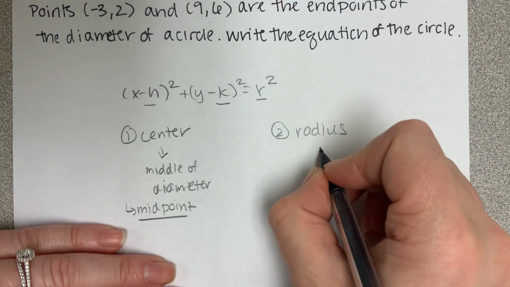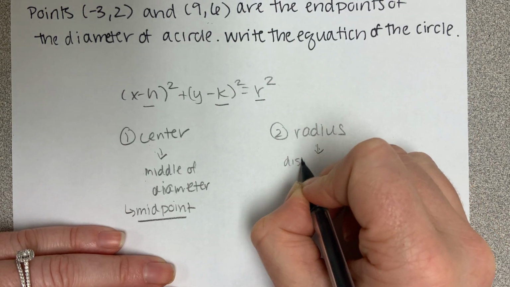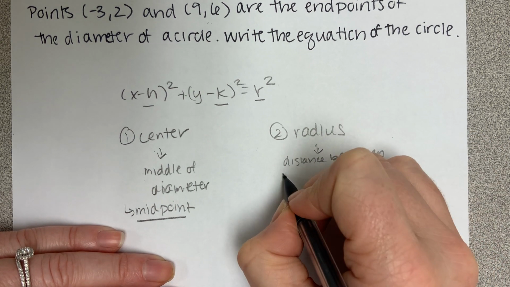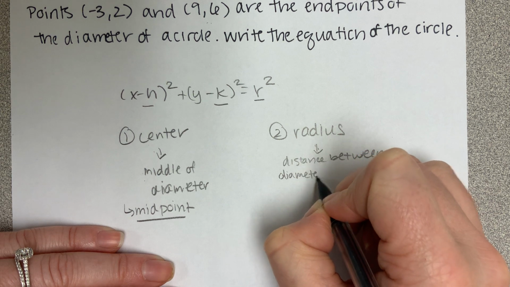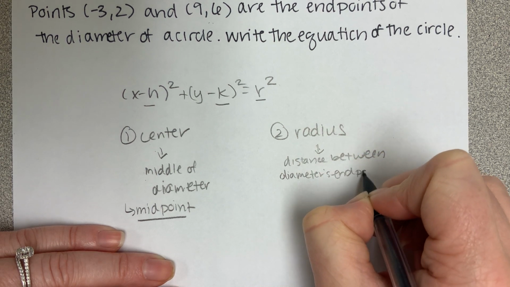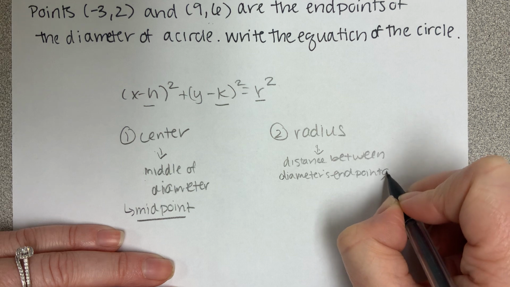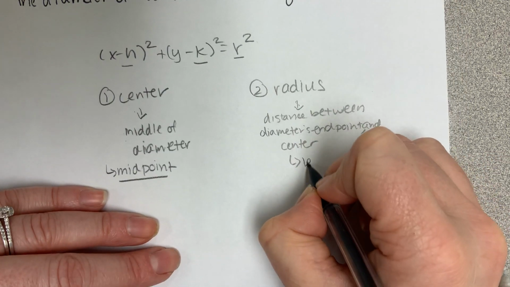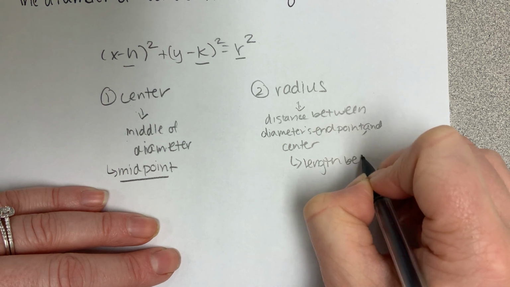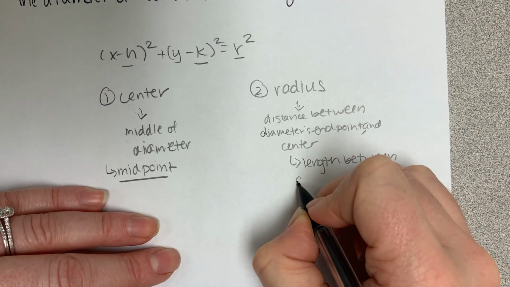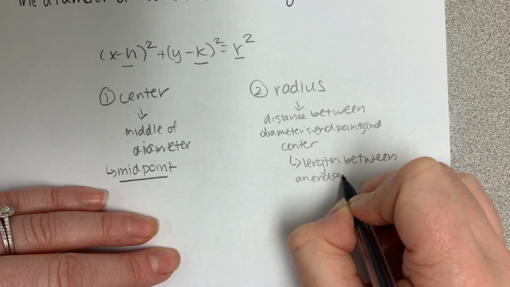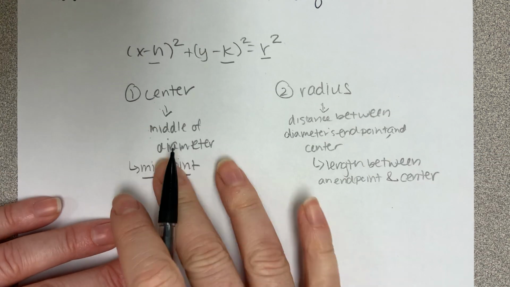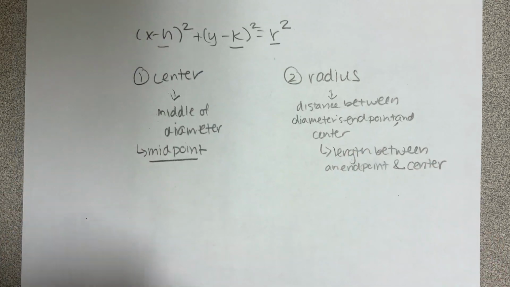And the radius is really the distance between the diameter's endpoint and the center of the circle. So we're really finding the length between an endpoint and the center. These are our two big ideas.